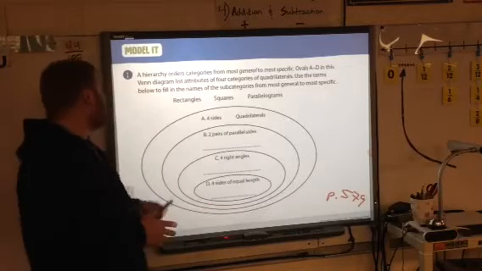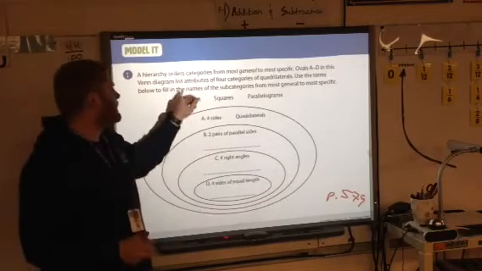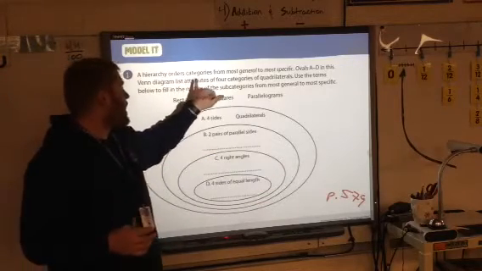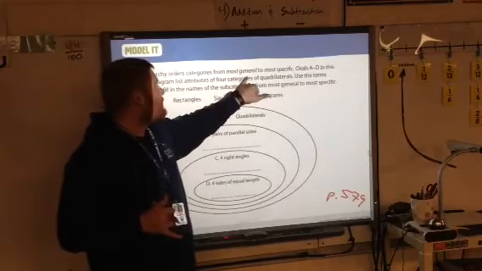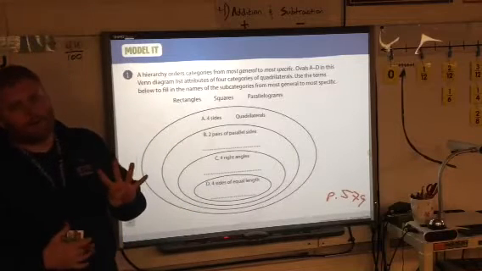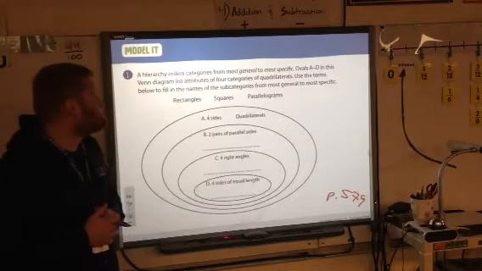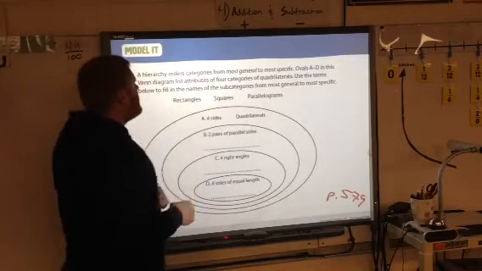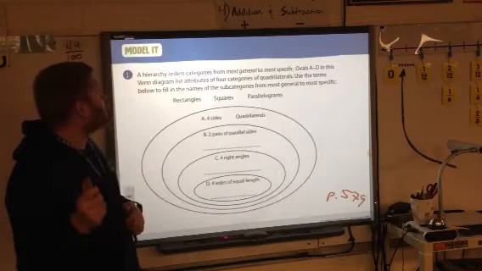In number one on page 579 is a hierarchy, a fancy word for describing something and categorizing it from most general to most specific. That's what we're going to be doing with four different types of quadrilaterals. Ovals A through D in this Venn diagram list attributes of four categories of quadrilaterals.